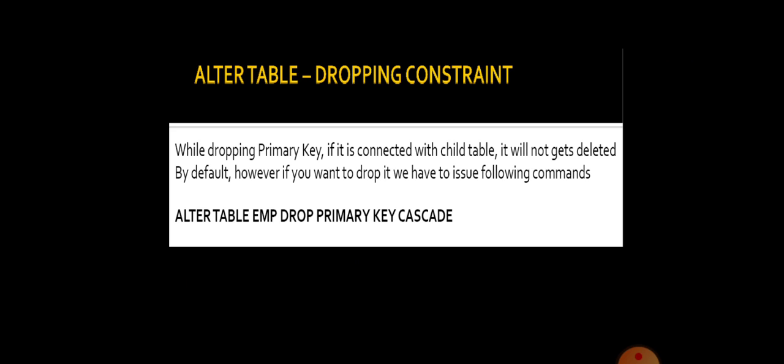Look at this. This drop can be used along with cascade. So while we are giving it like this, it will automatically remove on cascade. Here we are trying to alter the primary key, right? Dropping the primary key. So the effect will happen to the foreign key table also.